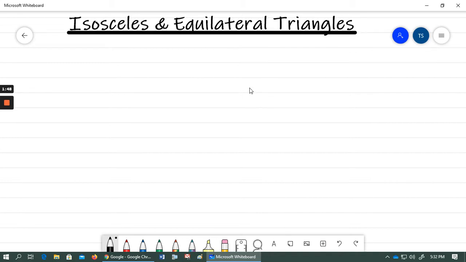And folks, there are three different classifications that we use for triangles when we're classifying triangles by their sides. Those three classifications, or the main three that we use, are scalene, isosceles, and equilateral.